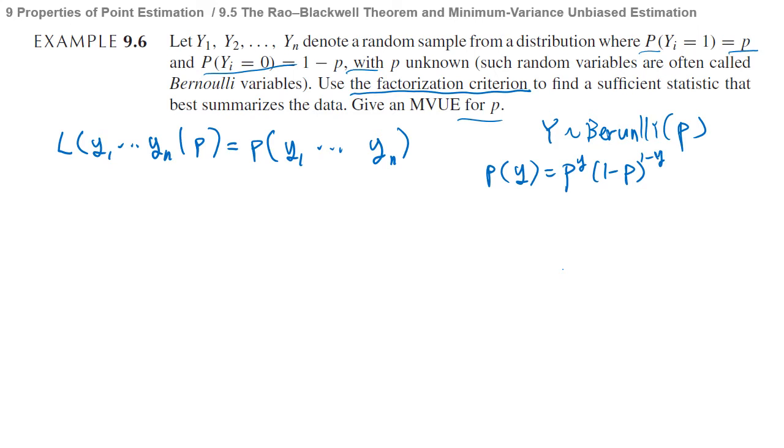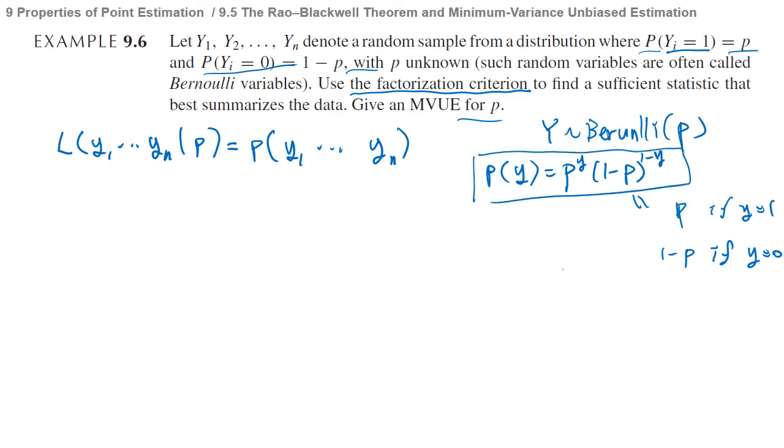Why is it? If y is 1, then the probability is p, and 1 minus p if y is 0. So if you write your probability like this, then if y is 1, the probability is p, and if y is 0, the probability is 1 minus p.